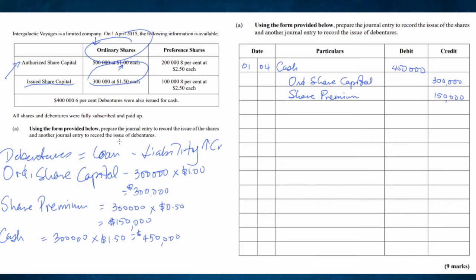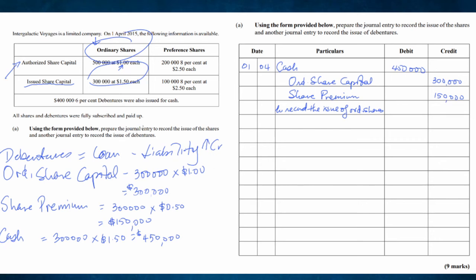You will want to put a little narration, and this is just an example, to record the issue of ordinary shares. Okay. Our next journal entry is related to the preference shares.